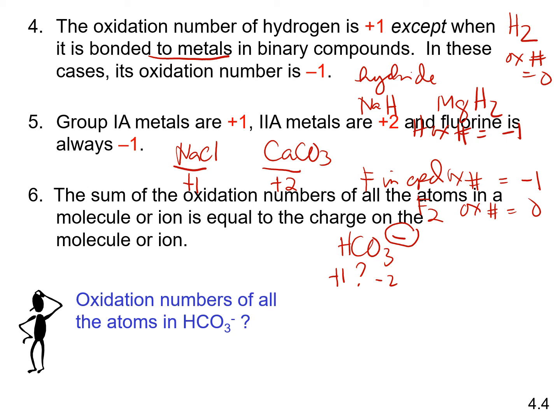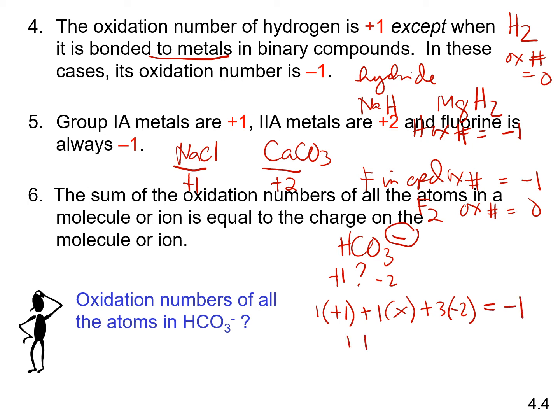From the formula, we have 1 hydrogen, and each hydrogen has an oxidation number of +1, then 1 carbon times x, where x is the oxidation number of carbon, plus 3 oxygen, and each oxygen is -2, and the sum is equal to the charge, -1.